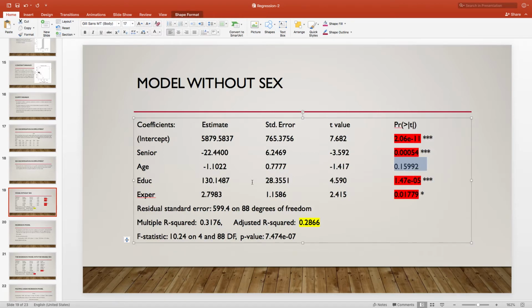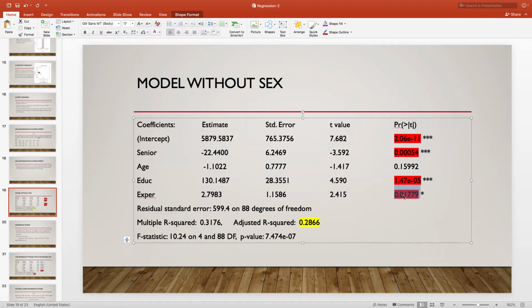And now education, the more education you have, the higher your salary, and there's a very low p-value for that. So congratulations to everyone in this class. According to this regression model, which is real data, you are increasing your salary. And also your experience increases your salary by 2.79.